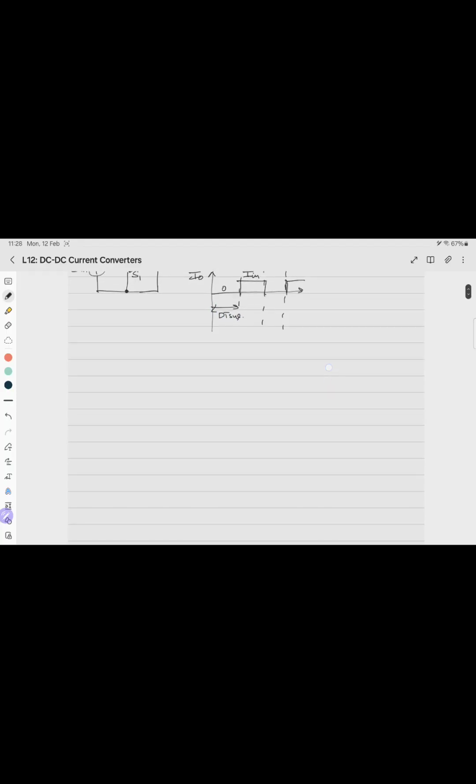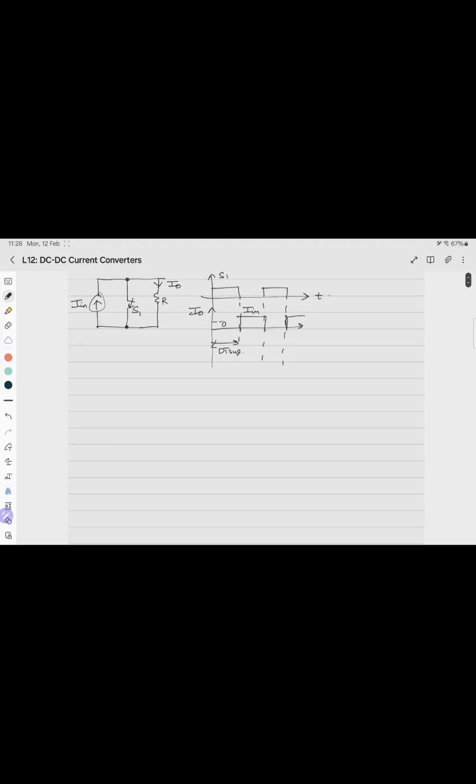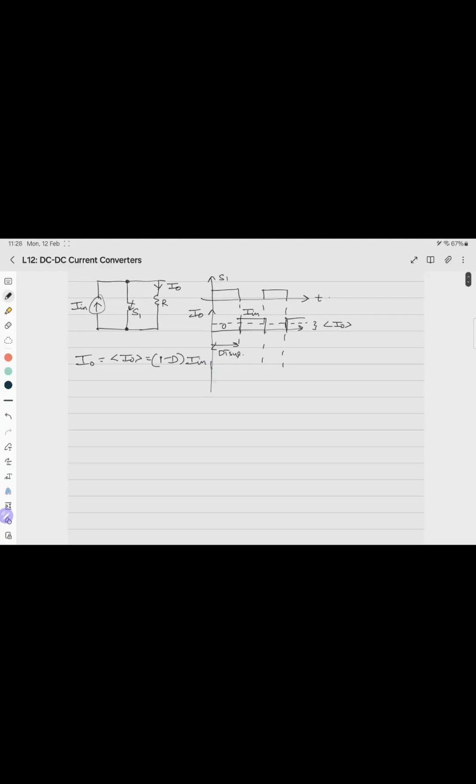This is the average value of I naught, which you can write as 1 minus D times the input current, but the input current is the constant current I in.